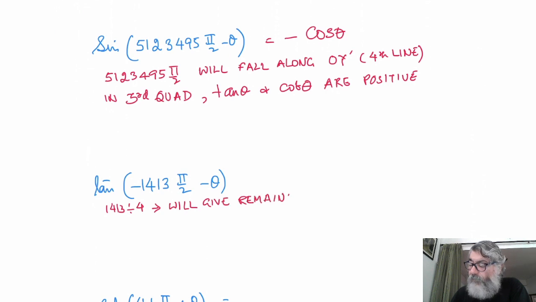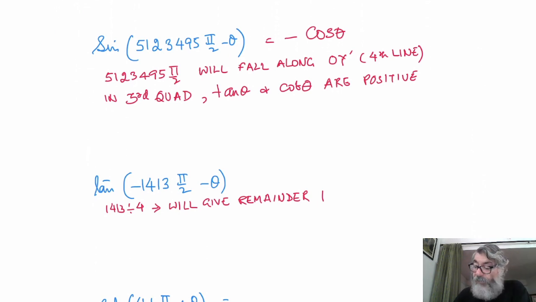In normal circumstances, if it was a plus sign, it would fall along line 2. But because negative is there, the sign will reverse.